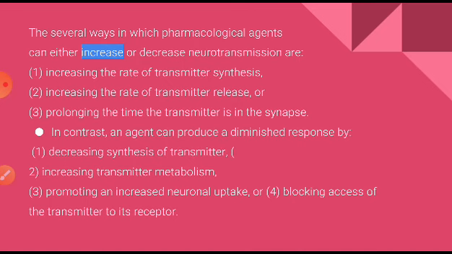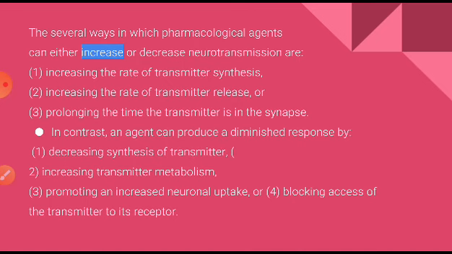If we understand this physiology that I have explained, how are the drugs going to impact this particular system? There are drugs which are affecting that system either by increasing the neurotransmission or by decreasing the neurotransmission.